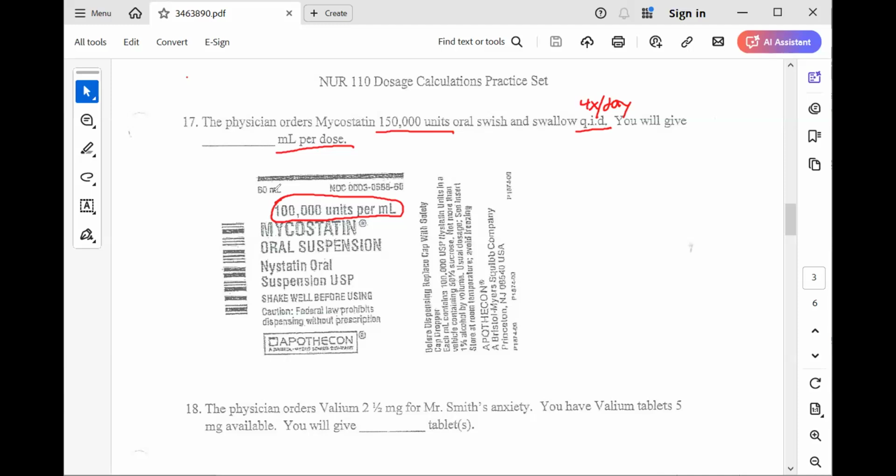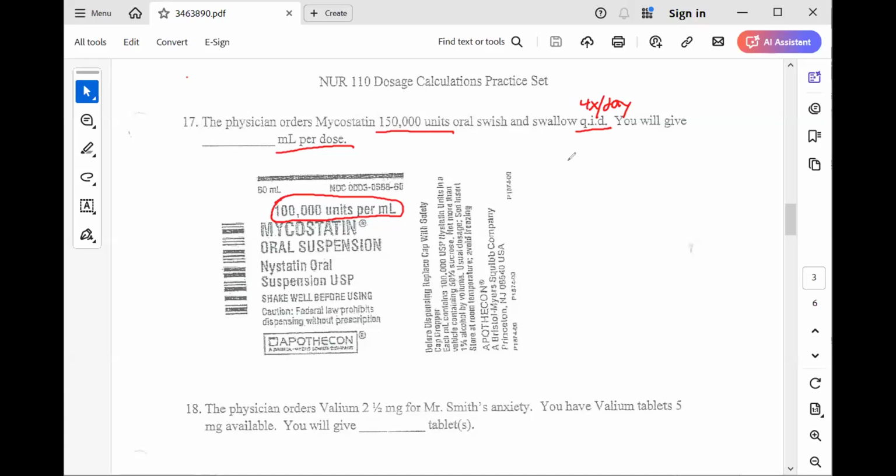And typically what you need is some reference to the order, meaning if it's in units, then the label should say something about units. If it's in milligrams, then your label should say something about milligrams. And if it's a liquid suspension, look for that per ml. Sometimes you'll see it as per teaspoon, but usually it's just per ml.